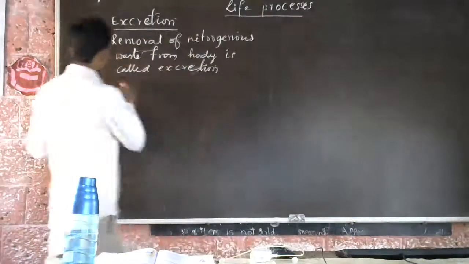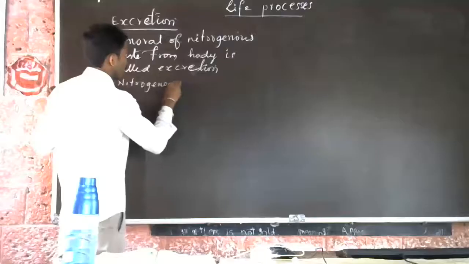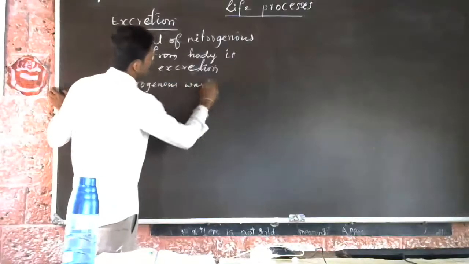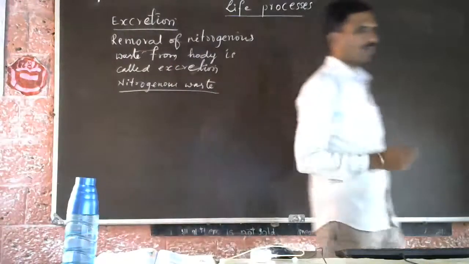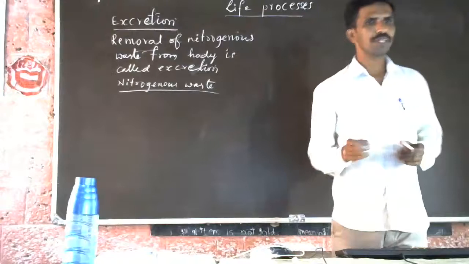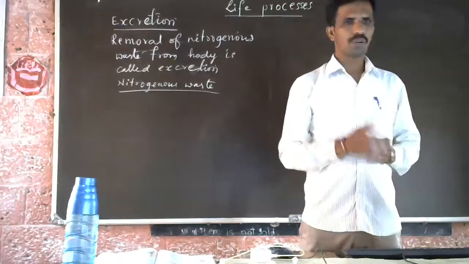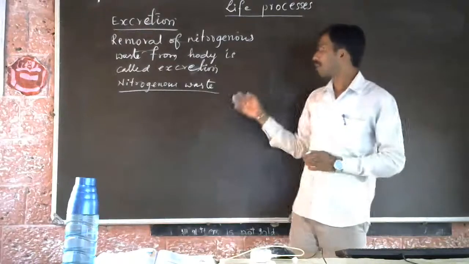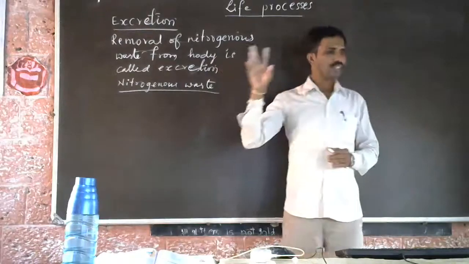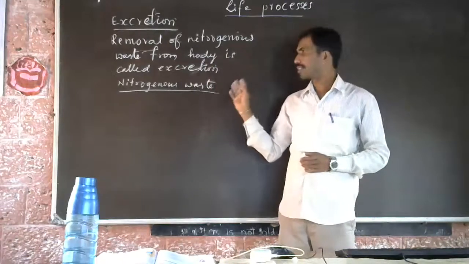So what do you mean by nitrogenous waste? Excretion is the removal of waste material from a body, if you take the animal body. So removal of nitrogenous waste from the body is called excretion.